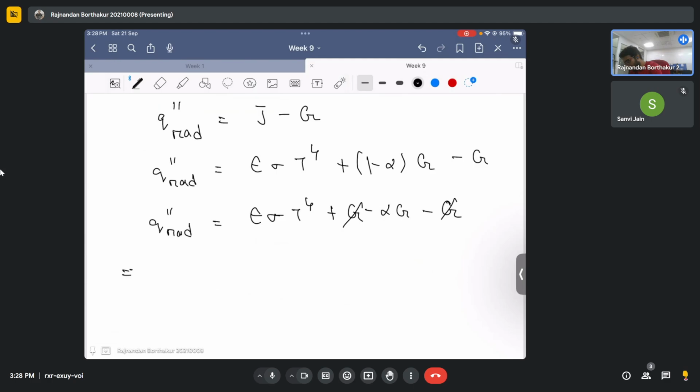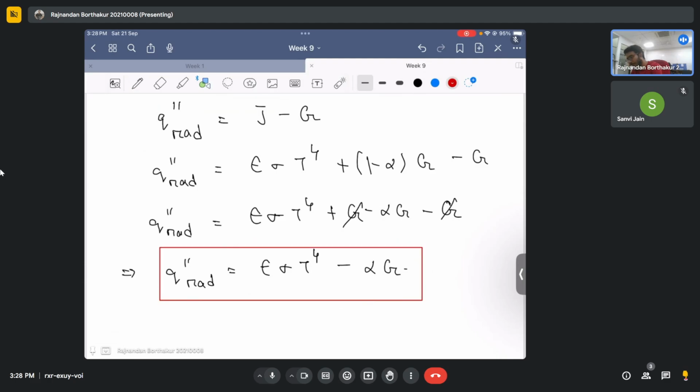Which means I have this net radiative flux that leaves the surface as epsilon sigma times T raised to the power 4 minus alpha times G. So this is the formal quantitative definition of the net radiation flux that leaves a surface.